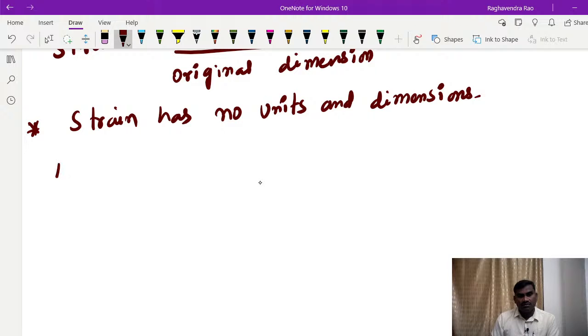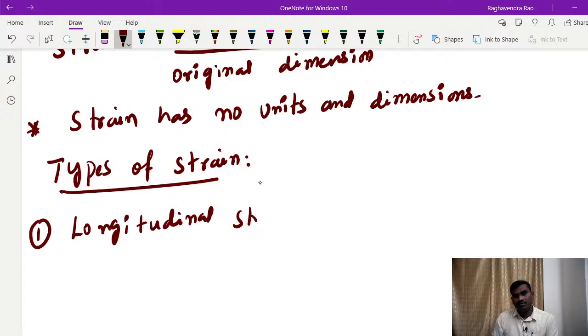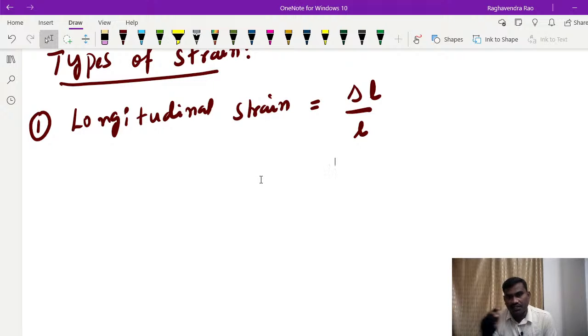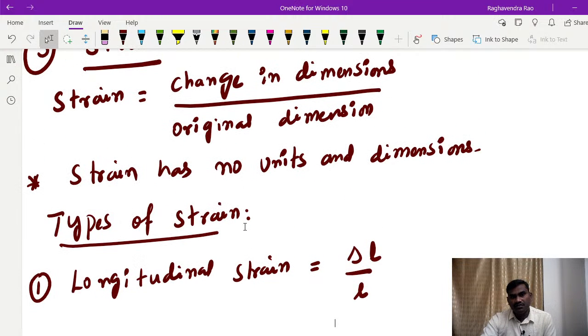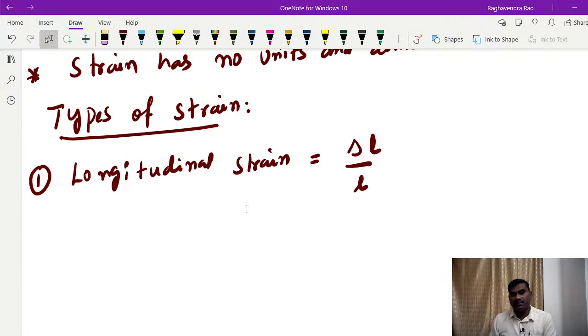Okay, right. Now types of strain. The first one is longitudinal strain, which is change in length by original length.